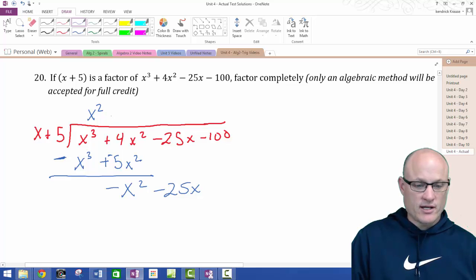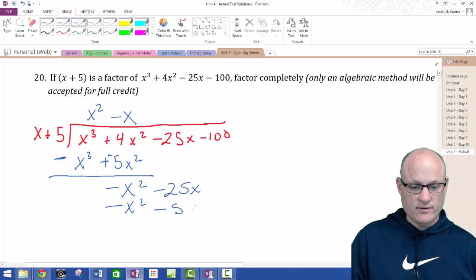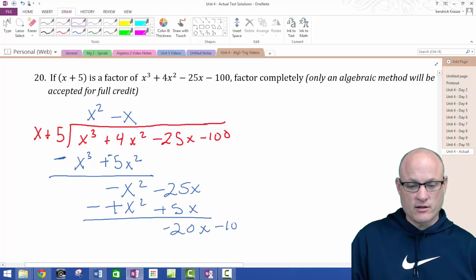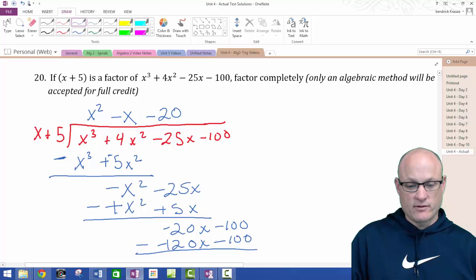So I'm going to put a minus x. So I get minus x squared minus 5x. Now I'm going to subtract, which turns this to plus, turns this to a plus. So I get negative 20x minus 100. And when I subtract here, everything goes to 0.